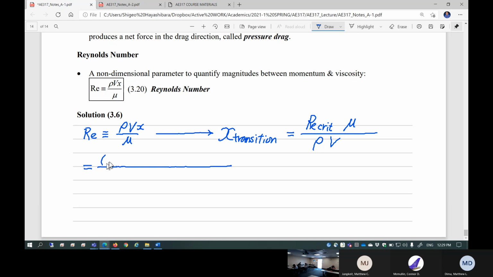The critical Reynolds number is given as 6 times 10 to the 5, 600,000.